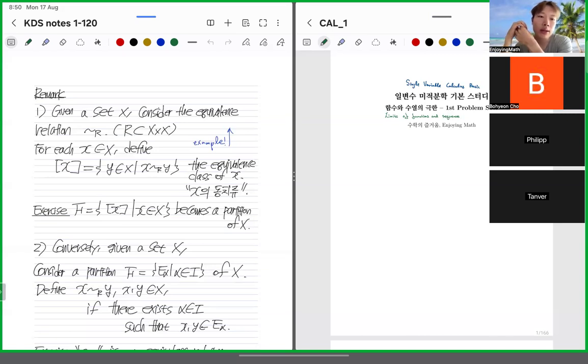So one sub-question: the tilde R notation in our note means defining the equivalence classes. The tilde R means equivalence relation, but what if we use just a relation?